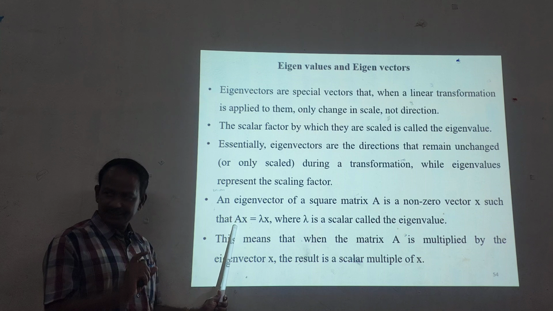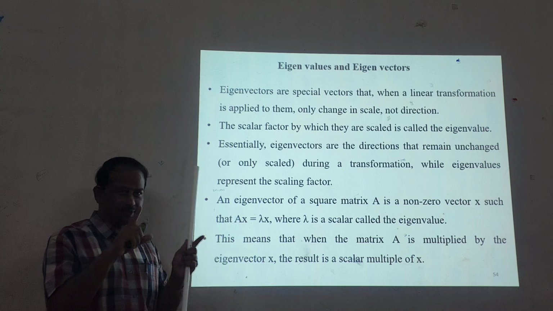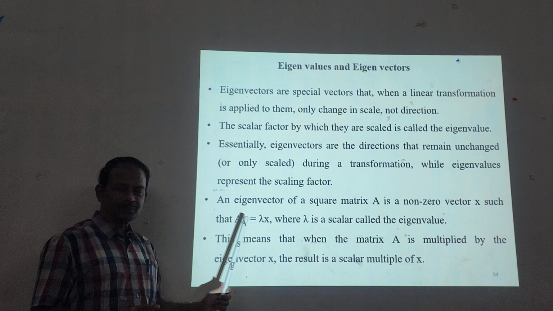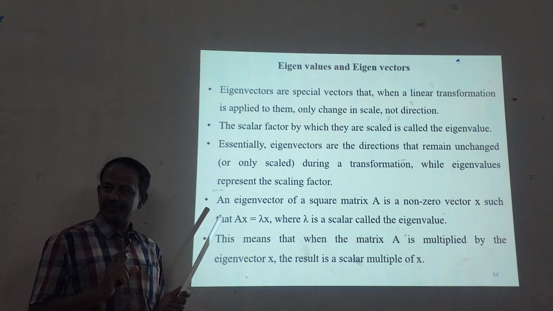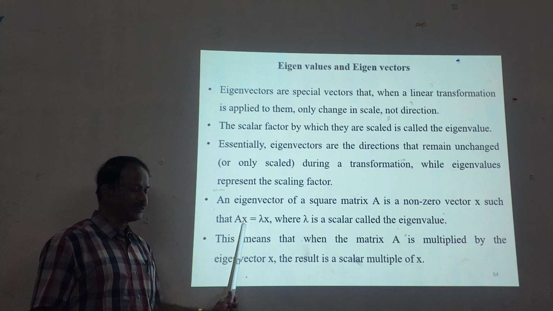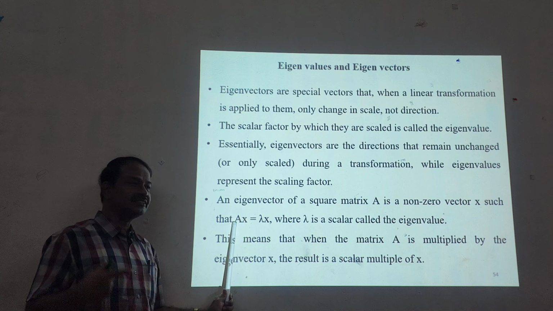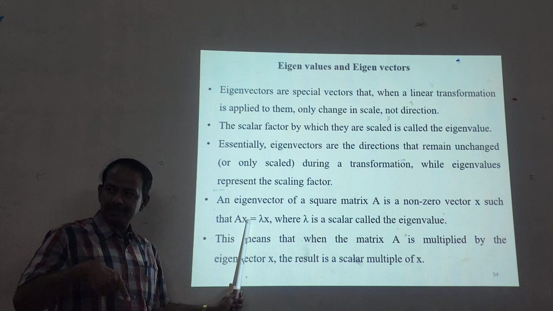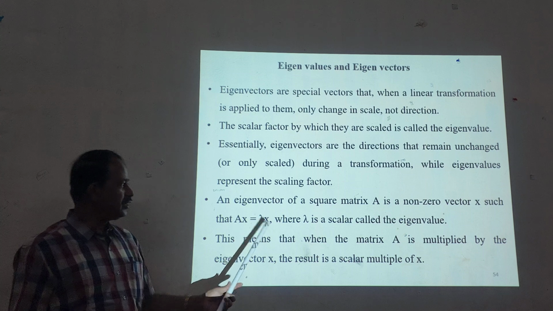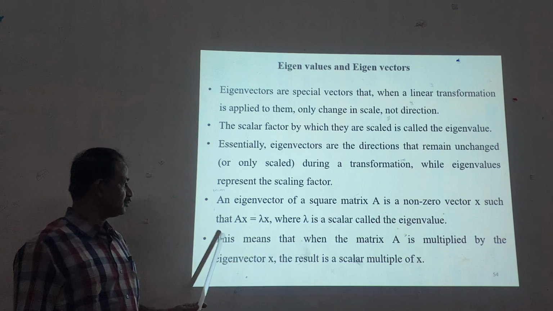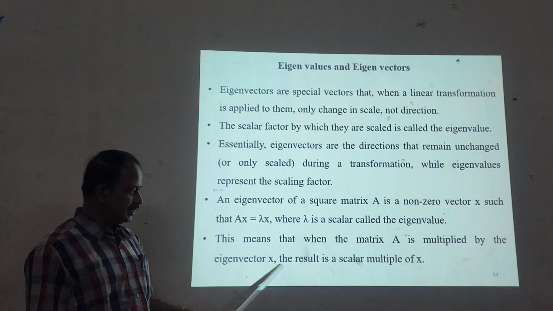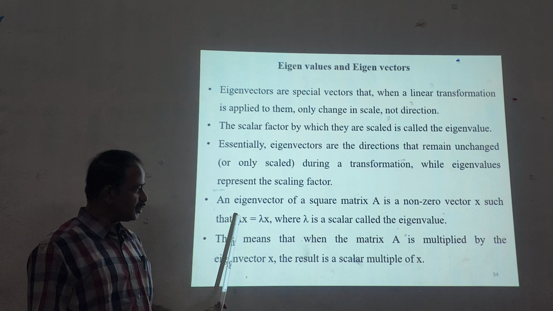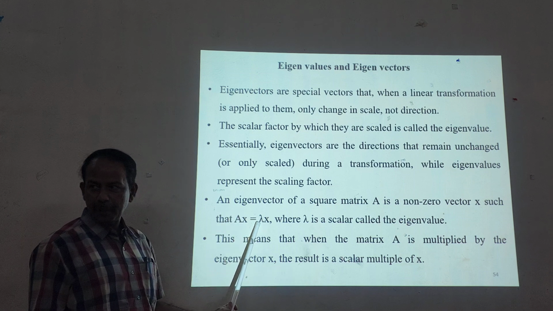A stands for the given matrix, x stands for the eigenvector, and lambda is the eigenvalue. So A operating on the eigenvector will give you lambda times the eigenvector, where lambda is a scalar called the eigenvalue. This means that when a matrix A is multiplied by the eigenvector x, the result is a scalar multiple of x.